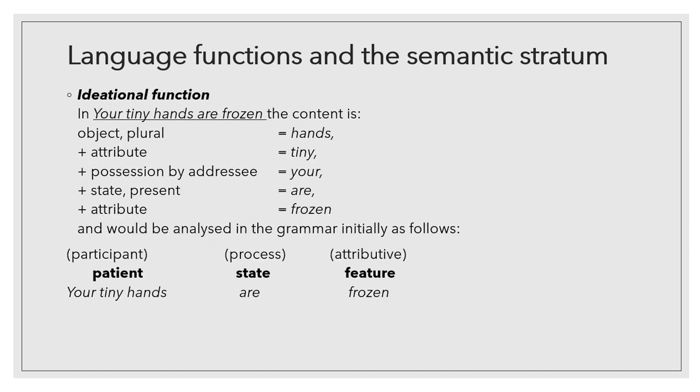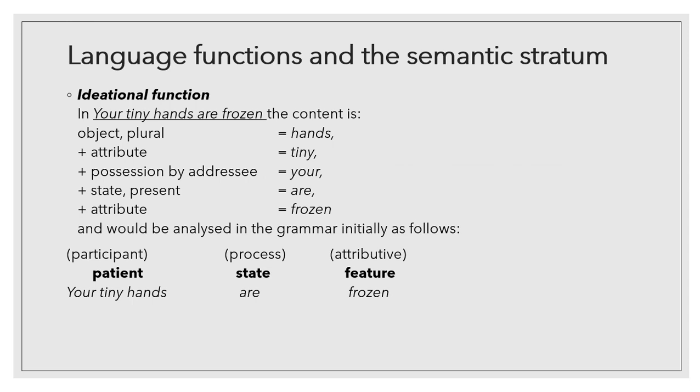How about the passive sentence? I have a sentence like, your tiny hands are frozen. Before you identify, you have to identify the components. How about the field first? Freezing, for example. That's not enough. How about the object? It's going to be hands. It means the object is plural, not singular.